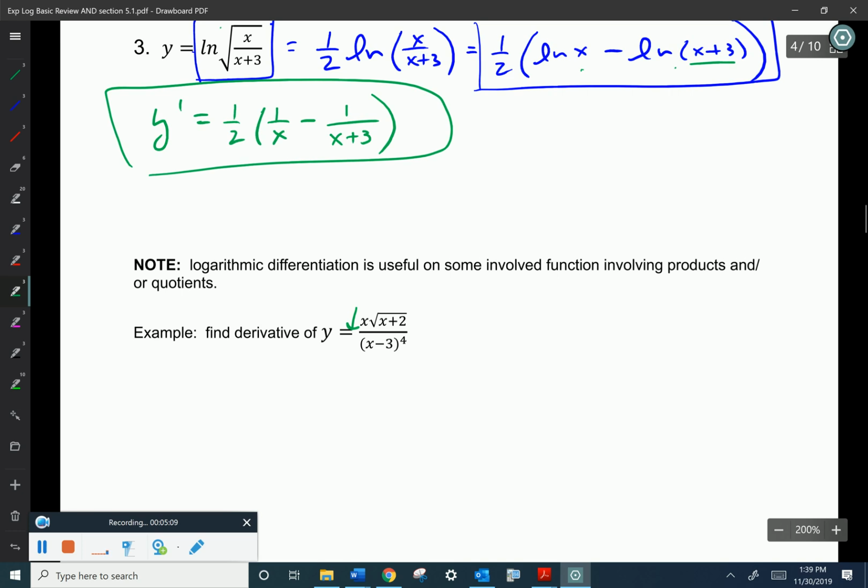I mean, I can't just put a log on one side, but logarithmic differentiation says, well, what if you were to take the log of both sides? Okay, if I did that, then I would have on the left the log of y equals, now yes, it's the log of the whole thing, but let's start stretching it out. Log of x plus log of square root of x plus 2 minus log of x minus 3 to the fourth.